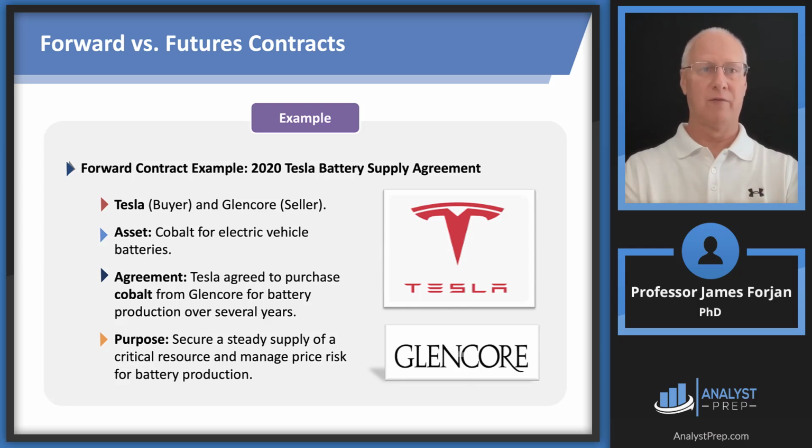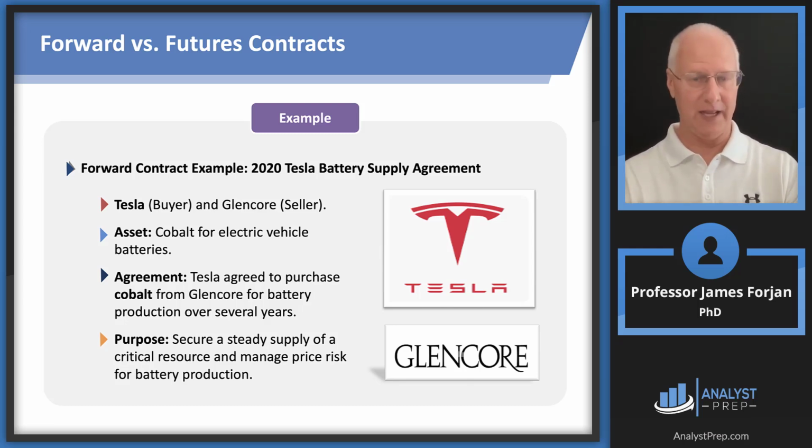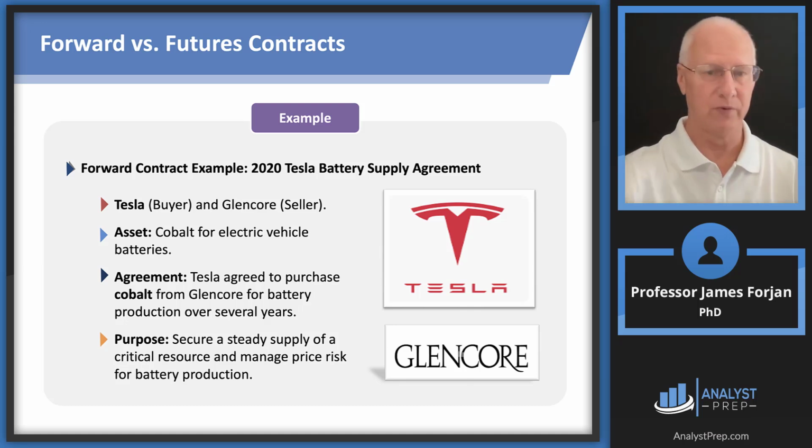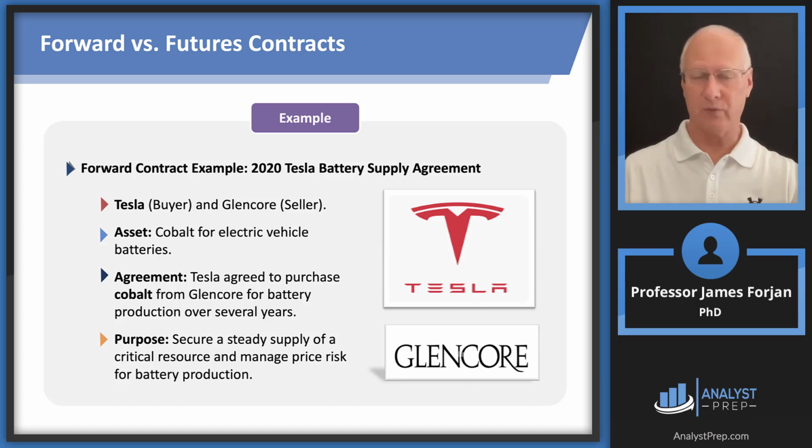When you sign this forward contract, what's happening is that you are, and I said this earlier, eliminating or at least substantially reducing commodity price risk for the grapefruit and stock price risk for the share of stock. Here, what Tesla is trying to do is manage their inputs. This is great capital budgeting stuff, right? They buy cobalt, whatever that is.